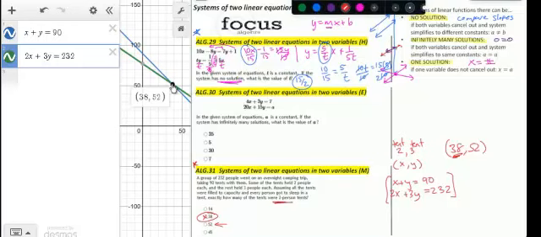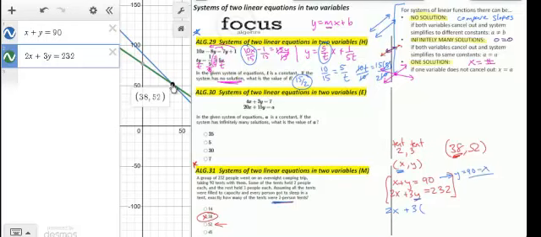If you were solving this by hand, since you're solving for x, the 2-person tent, what you would do is take this equation, solve it for y, so 90 minus x, and then plug that into your second equation for y. If we substituted in 90 minus x for that y and solved, we would get 2x, distribute the 3, plus 270 minus 3x, and then combine your terms.